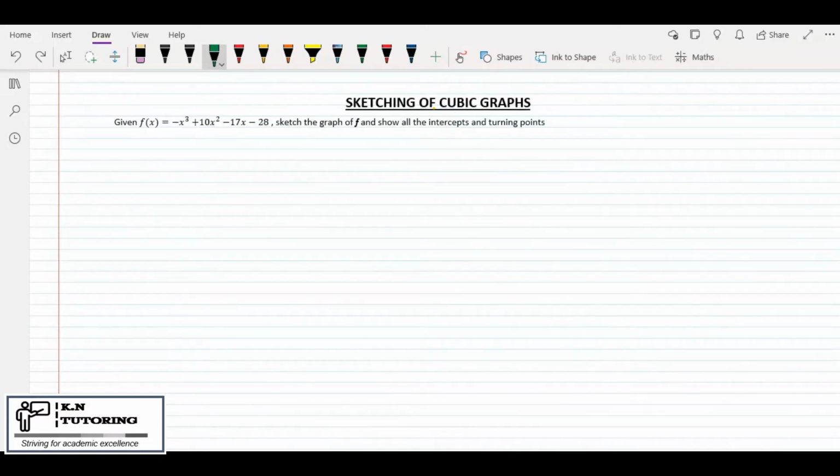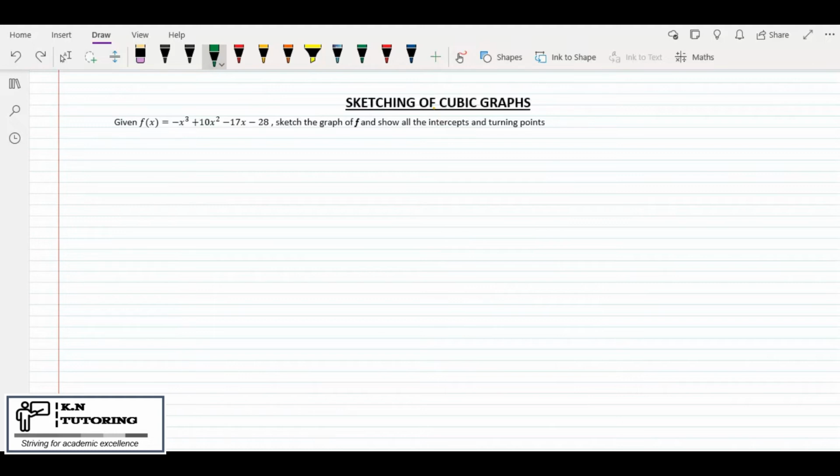Let's look at an example where we'll be asked to sketch a cubic graph, and the question reads as follows. Given f of x equals minus x cubed plus 10x squared minus 17x minus 28, sketch the graph of f and show all the intercepts and turning points. So that is a straightforward question.